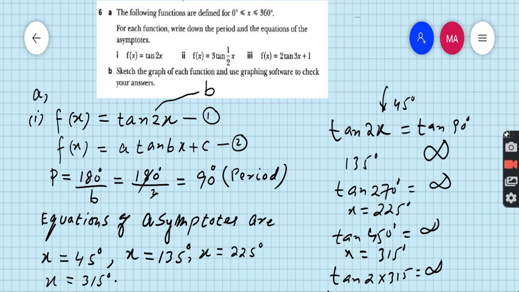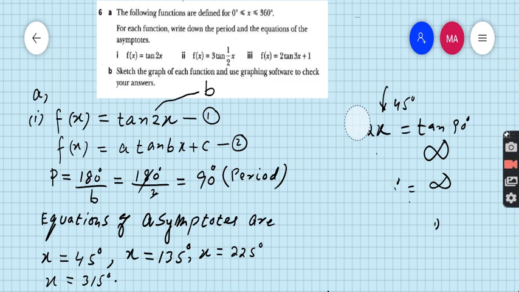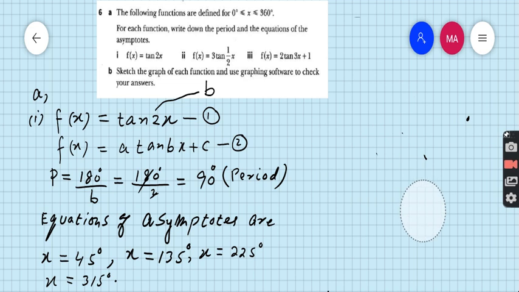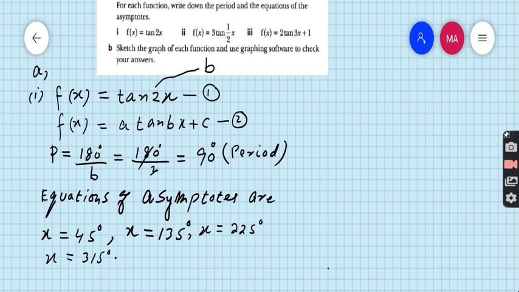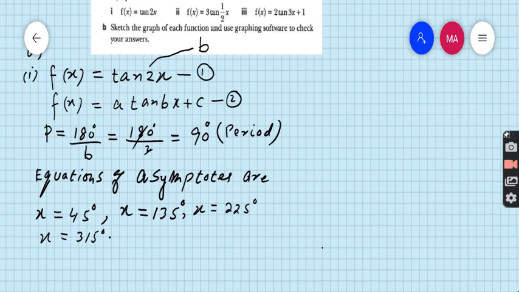This is just checking and proving what asymptotes are. Therefore, the equations of asymptotes are x is equal to 45 degrees, x is equal to 135 degrees, x is equal to 225 degrees, and x is equal to 315 degrees.